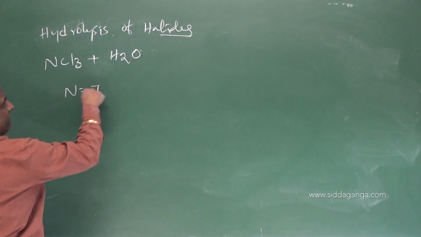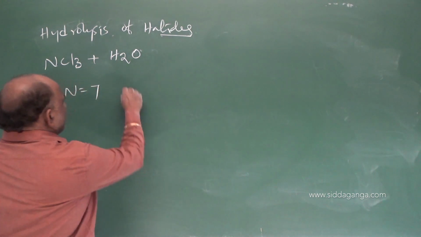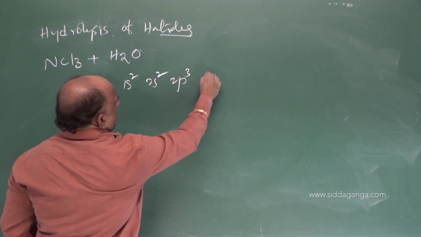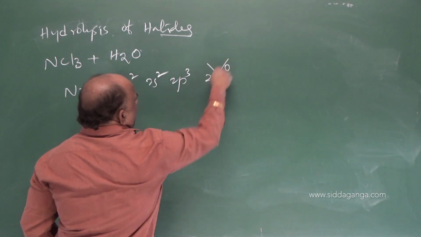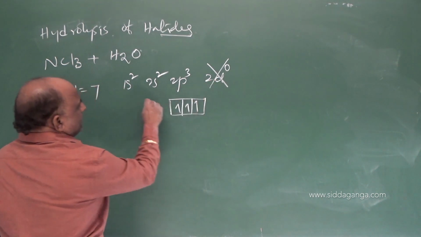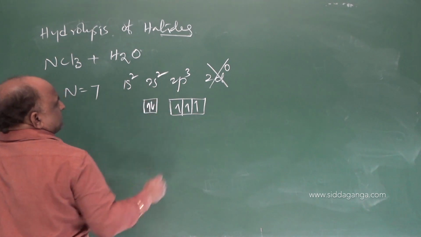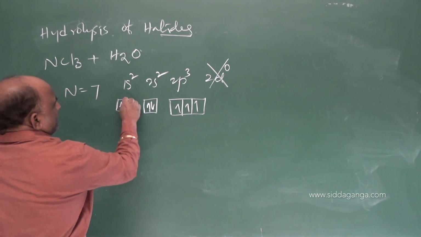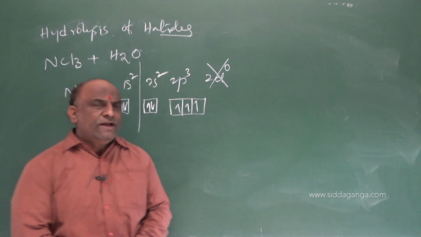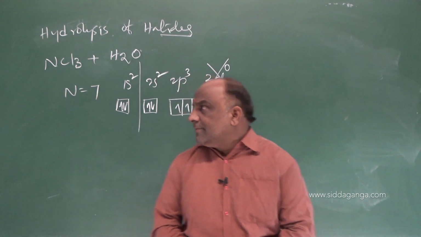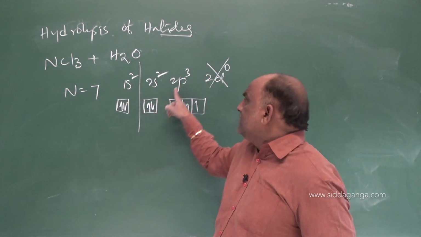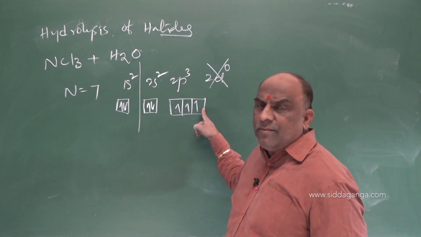Nitrogen configuration, atomic number 7: 1s2, 2s2, 2p3. 2d0 is not present, 3 electrons are present in p orbital, 2 electrons in 2s orbital, 2 electrons in 1s orbital. See this electronic configuration of nitrogen atom: 2 electrons are present in s orbital, 3 unpaired electrons are present in p orbital.